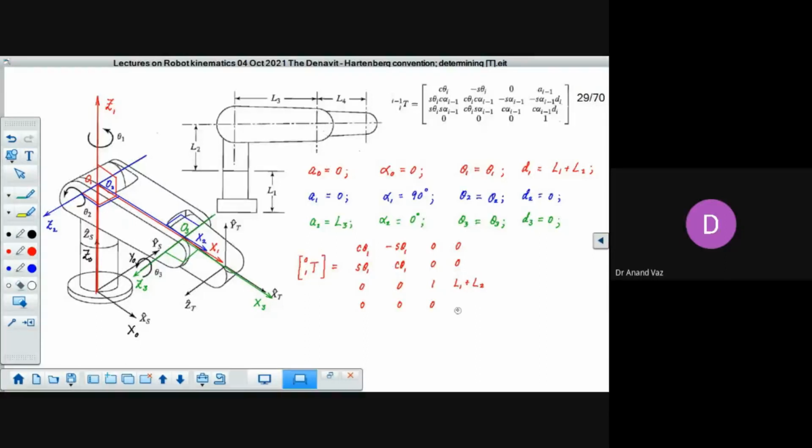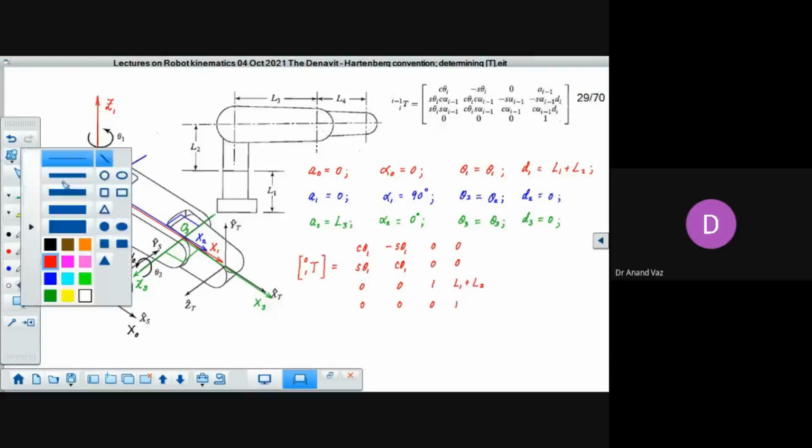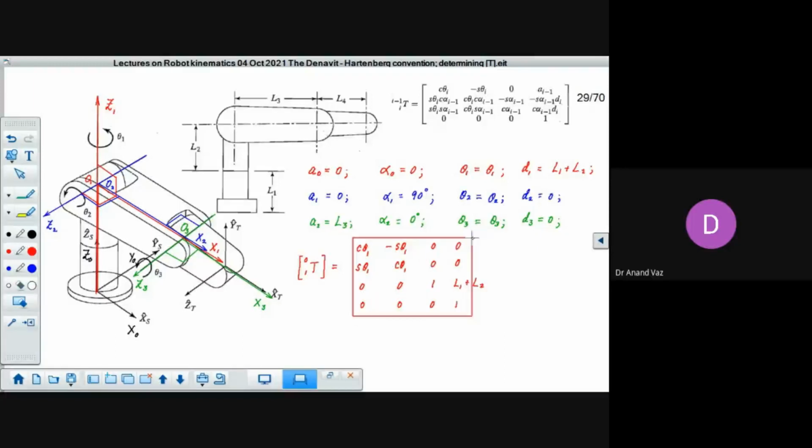Okay, and the last element here is 1. So we can fit it into this red matrix box. You can draw the matrix symbol. I'm just making use of a box because it's convenient for me to use graphically. So we have got the transformation matrix T1 to 0.